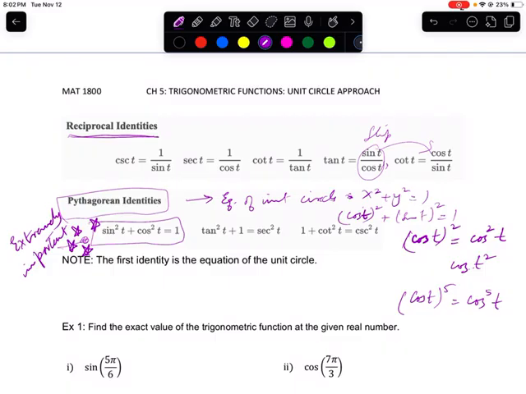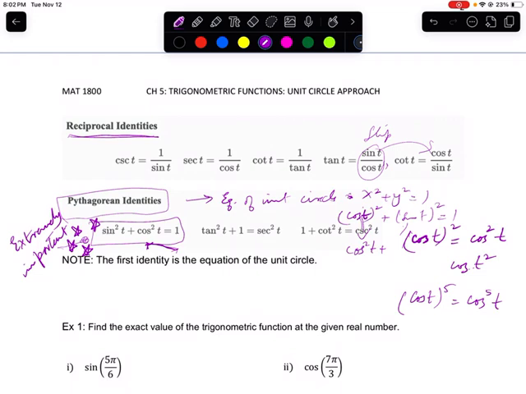Okay? So that's how, when I write it like this one as cosine square t plus this one as sine square t, then I get the identity which is over here. We call this Pythagorean identity.